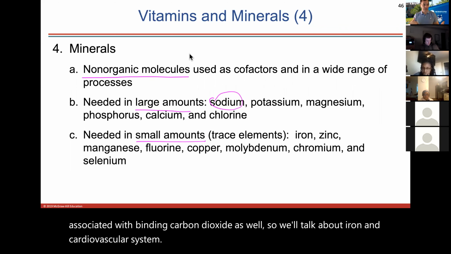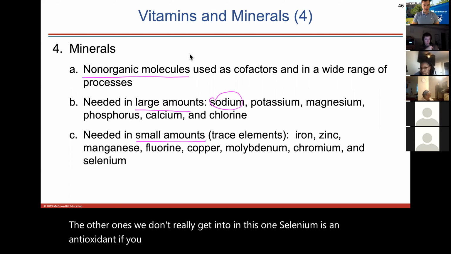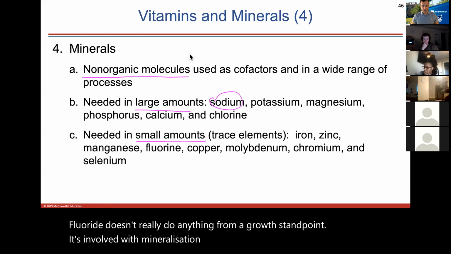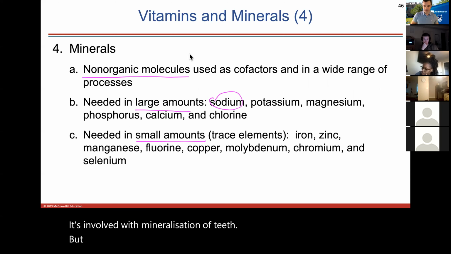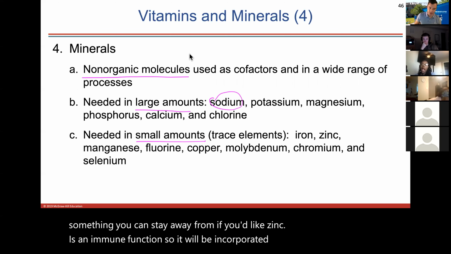The other ones we don't really get into in this one. Selenium is an antioxidant, if you want to know. Fluoride doesn't really do anything from a growth standpoint. It's involved with mineralization of teeth, but something you can stay away from if you'd like. Zinc is an immune function, so it'll be incorporated into some of the immune cells that we'll talk about later.